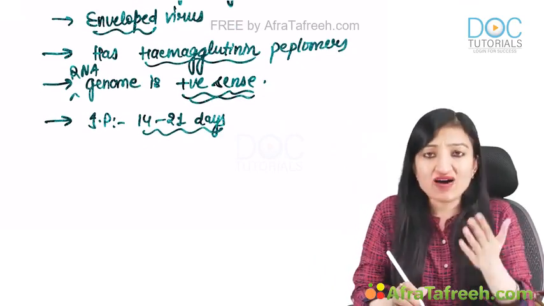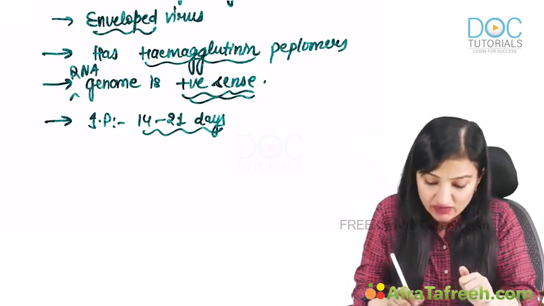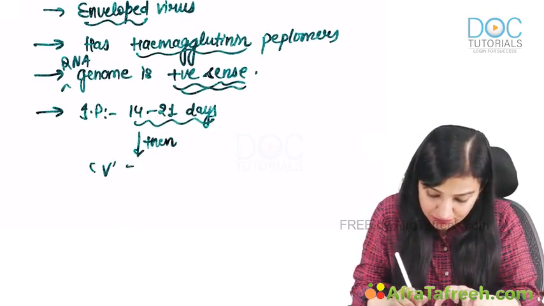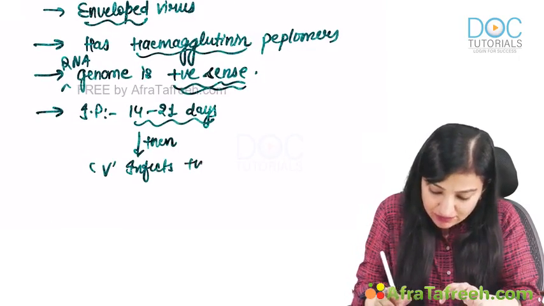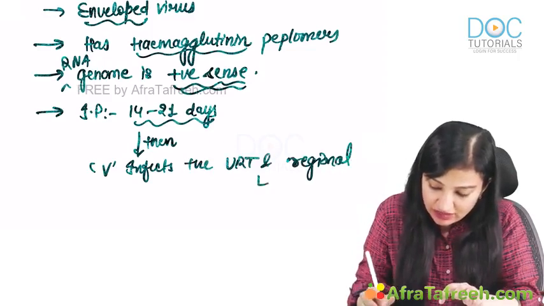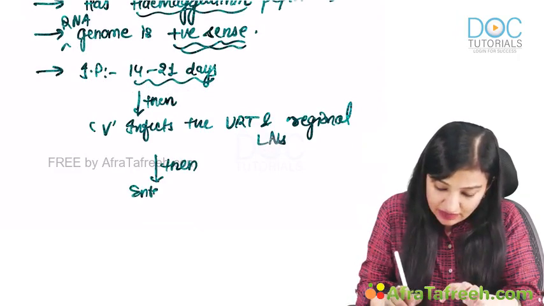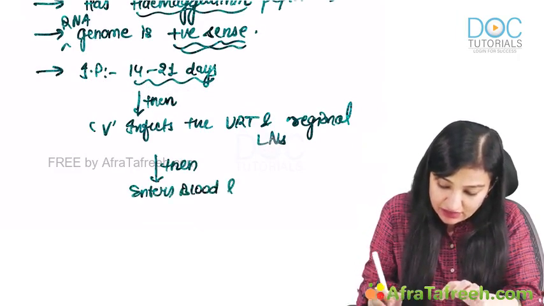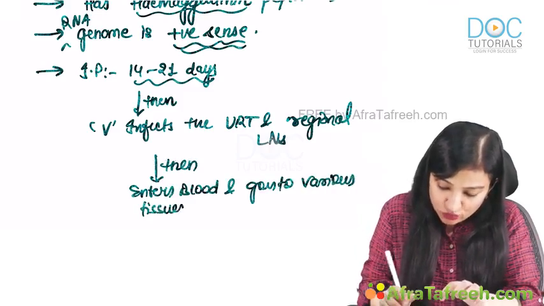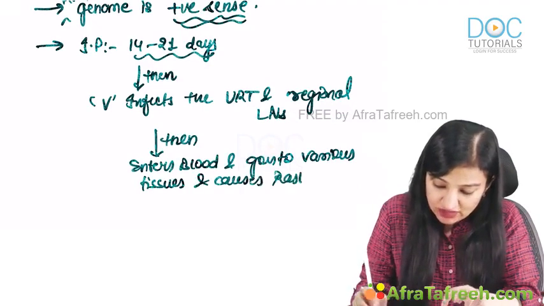So once the virus enters the body, then after this incubation period of 14 to 21 days, what will happen? The virus infects the upper respiratory tract and the regional lymph nodes, and then it enters the blood and goes to various tissues, and it causes rash.